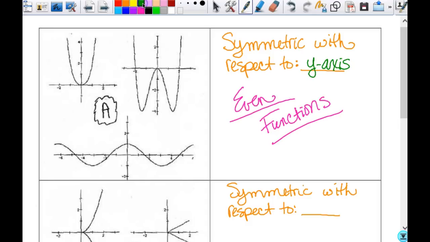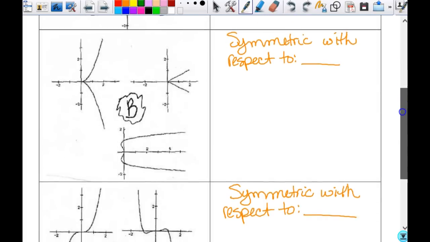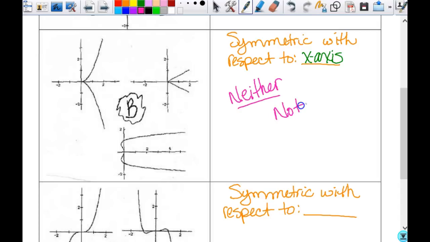Now, the next group, group B, these are symmetric with respect to what? The x-axis. Okay, so are they even, odd, or neither? And why is that? Good, because they are not a function. And that's important because they may have symmetry with respect to something else, but the fact that it's not a function is the most important thing.